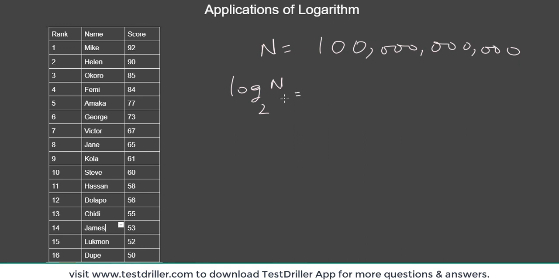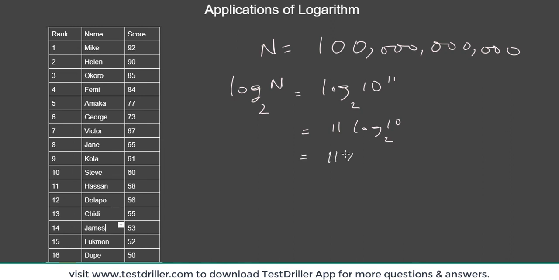So what this implies is instead of 100 billion checks, you are only going to check log of 10 raised to the power of 11. This is 3.32 for log 10 to base 2. So that's 11 times log 10 to base 2.